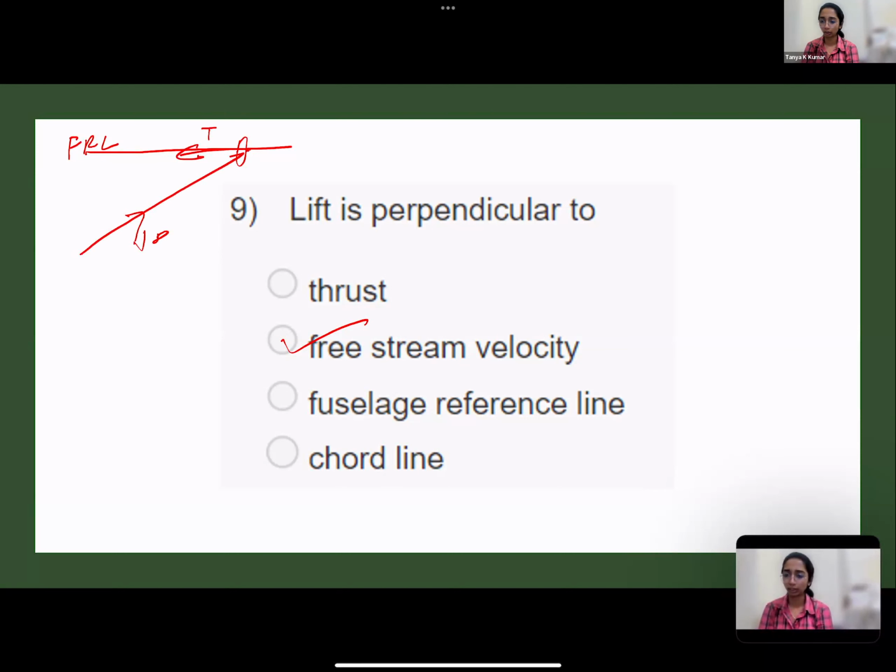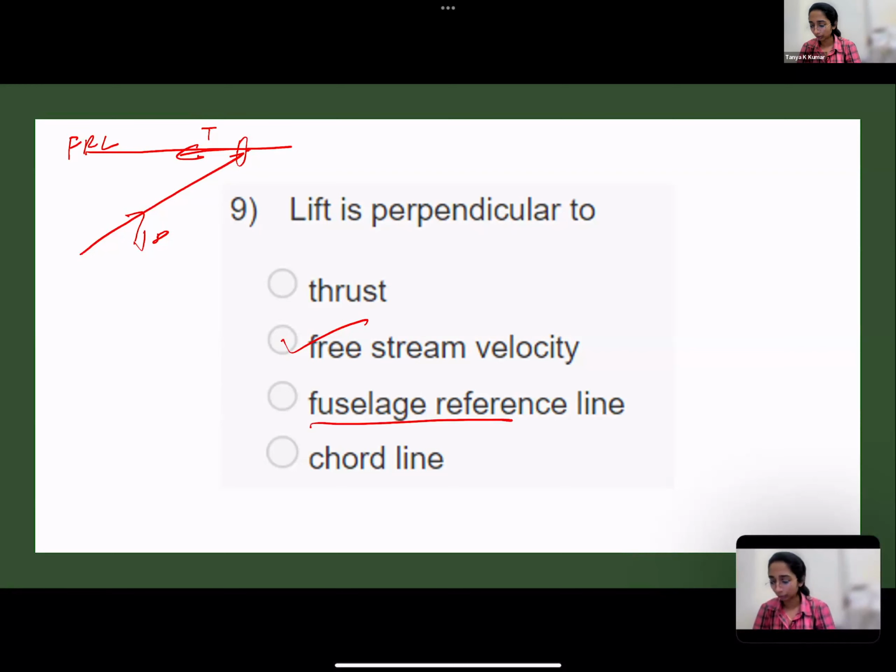Thrust you can't always say. Only in cruise condition, thrust is parallel but opposite to drag. In other conditions, you can't say that the thrust is parallel to free stream velocity. Drag, yes, is always parallel to free stream velocity. So these are the two aerodynamic forces. Lift is perpendicular to V infinity and drag is parallel to V infinity.